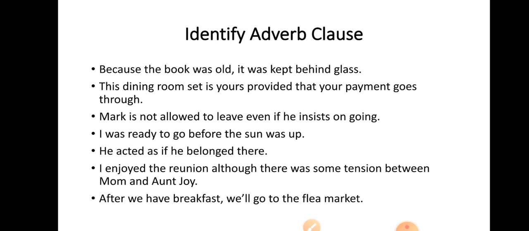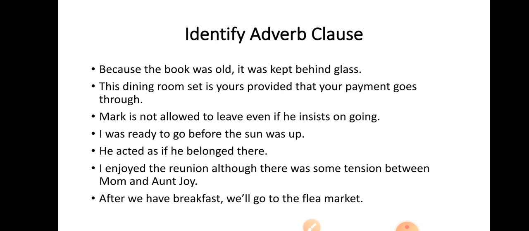Because the book was old, it was kept behind glass. Here it was told as a reason. The book was kept behind the glass. The adverb clause gives a reason, answers the question why. Because the book was old.